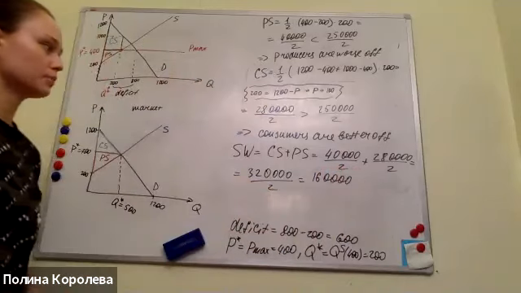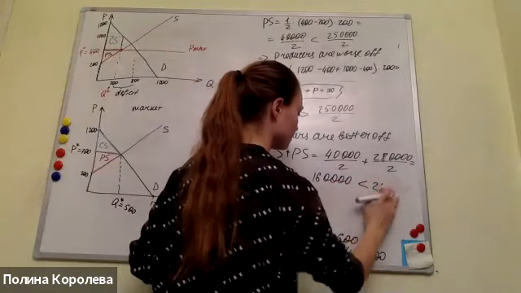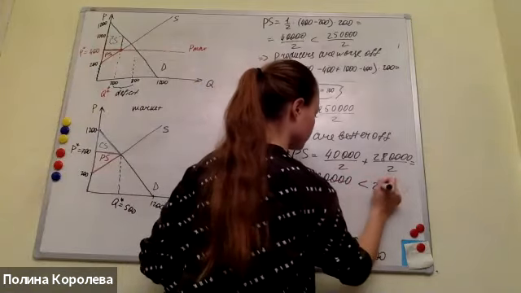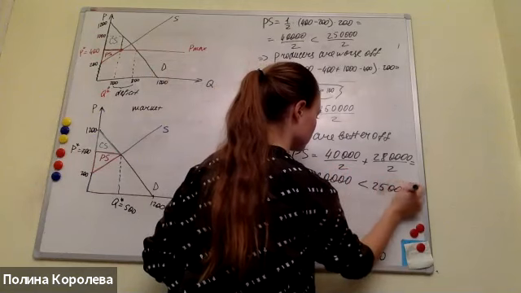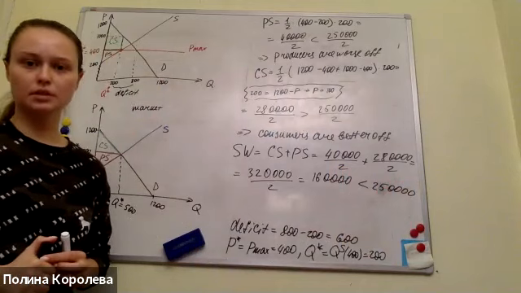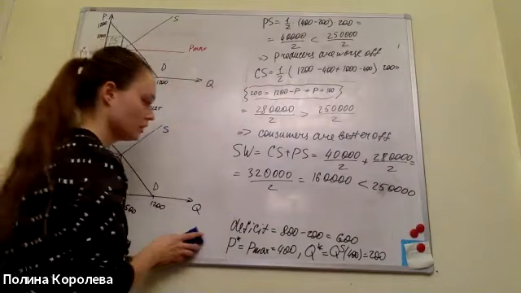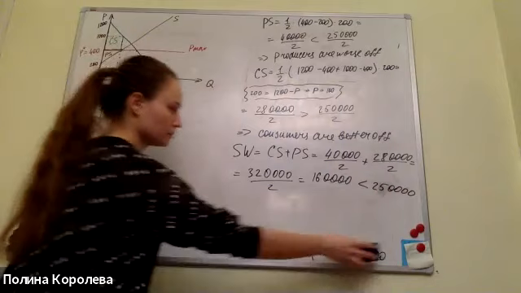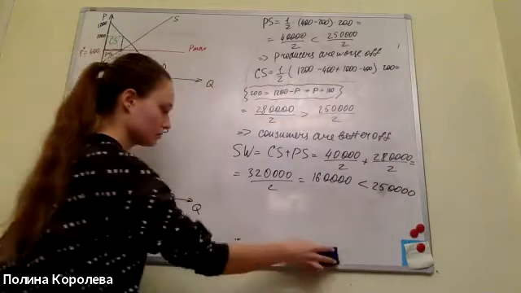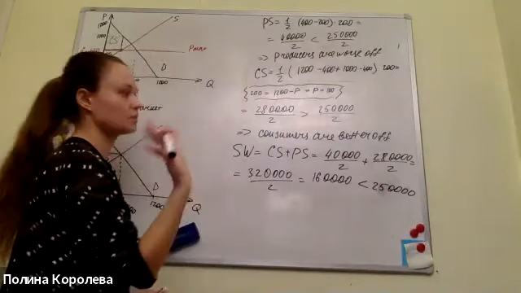And we see that social welfare is lower right now. It is less than before. So we can say that we have deadweight losses. The society loses how much? So society is worse off in total, yes?